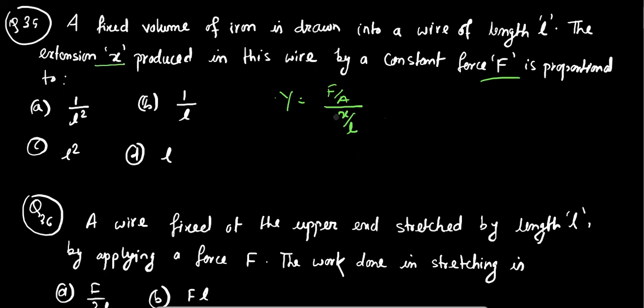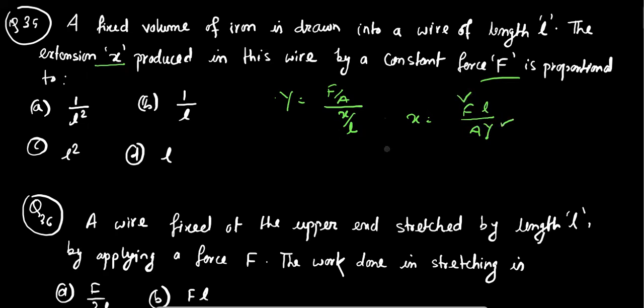So I'm going to write here x as F times L by A times Y, and for a given wire and for a given constant force, these two parameters are constant.